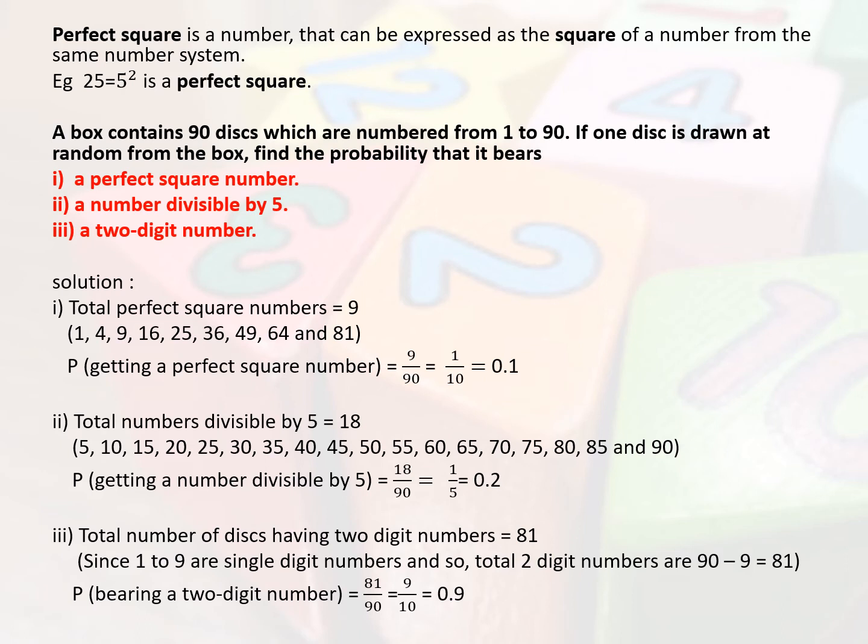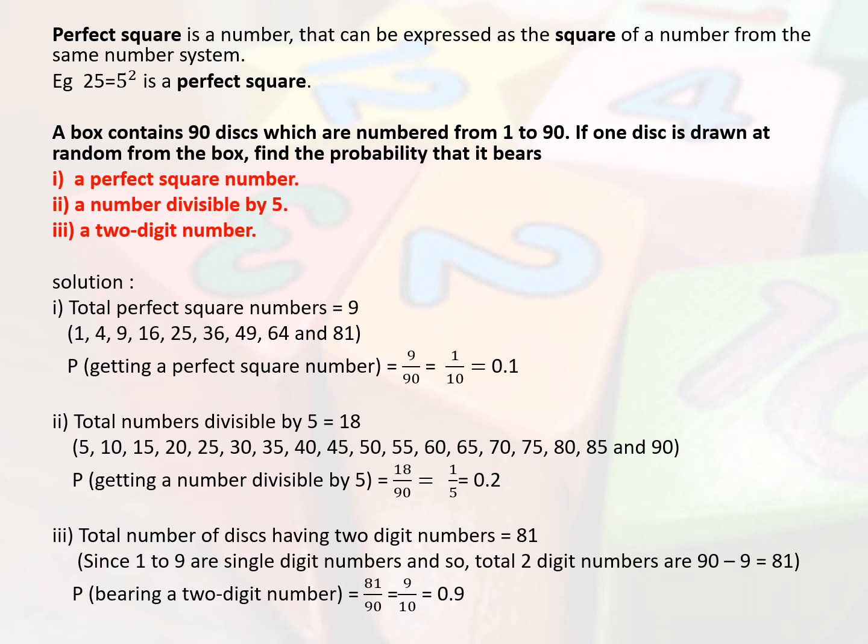Then we have 10 squared, which is 100, but we cannot take that because we are having numbering from 1 to 90. So the probability for getting a perfect square number will be equal to 9 upon 90, because in total we have 9 perfect square numbers, which will give you 1 by 10, which is equal to 0.1.